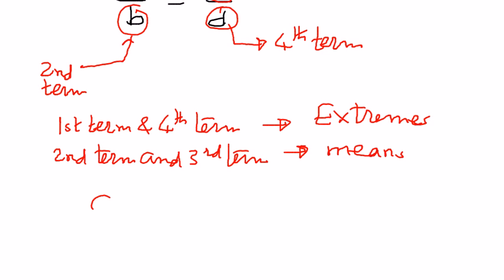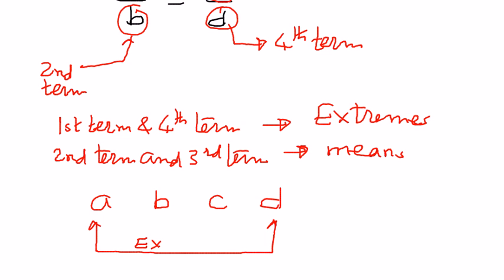If we were to write A, B, C, D in a row in this manner, A and D are in the extreme locations in this row. Therefore, we call A and D the extremes.